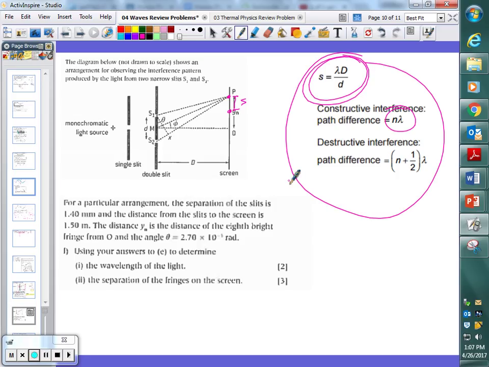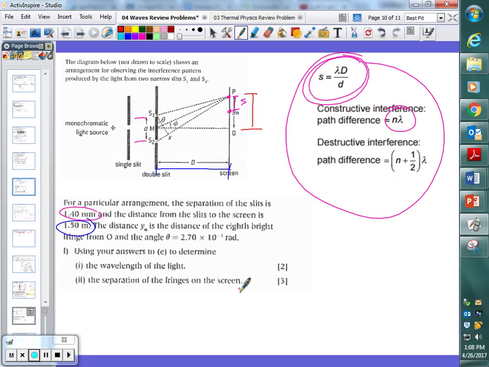So it says here, for a particular arrangement, the separation of the slits is 1.4 millimeters. That's this. The distance from the slits to the screen is 1.5 meters. That's this. The distance y sub n, that distance there, is the 8th bright fringe.